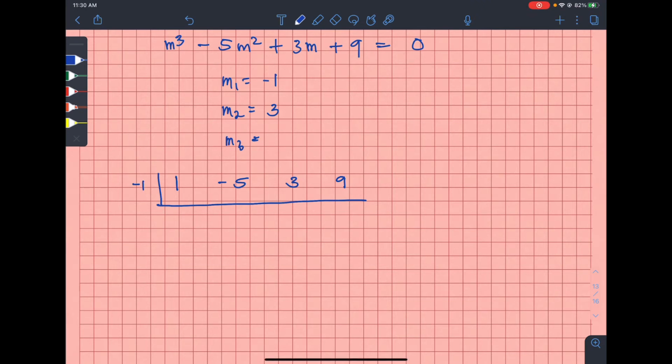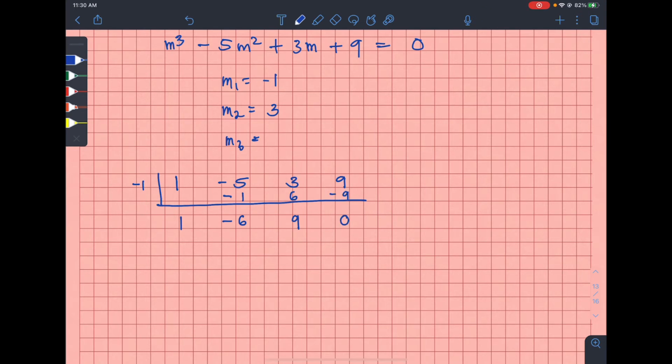In synthetic division, the first term, we just bring it down. So 1, and then multiply: 1 times negative 1 is negative 1. Adding, both are negative, so that would be negative 6. Negative 6 times negative 1 is positive 6, and 6 plus 3 is 9. 9 times negative 1 is negative 9.